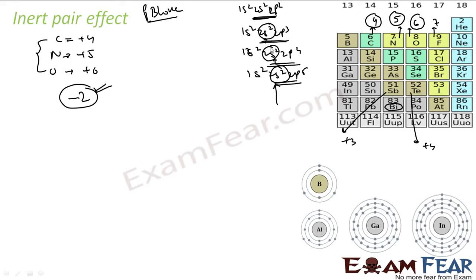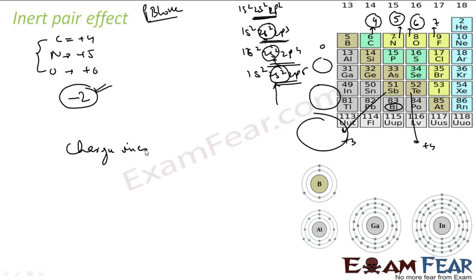Because if you see p block elements, before the p there's s, right? And if you go down the group, what is happening? Your size is increasing, right? But your charge is also increasing a lot.